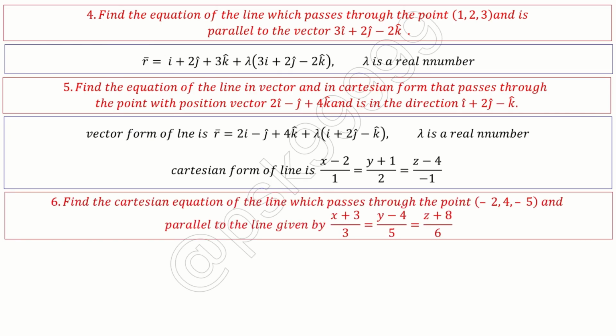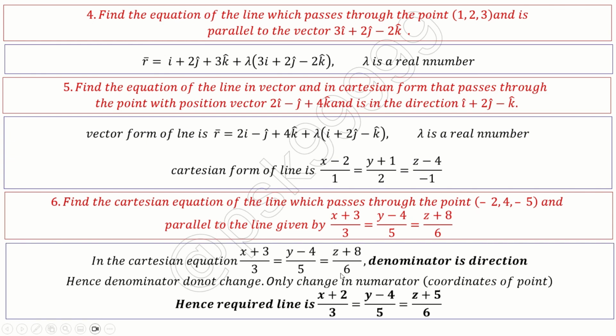Next, find the Cartesian equation of the line which passes through the point and is parallel to the given line. Here I can get the direction vector from these three. So 3i plus 5j plus 6k is my direction vector and this is my position vector. Then I can form a line easily. Straightforward, I just replace these position values with my position vector. I am replacing plus 3 with plus 2, minus 4 with minus 4, plus 8 with plus 5.